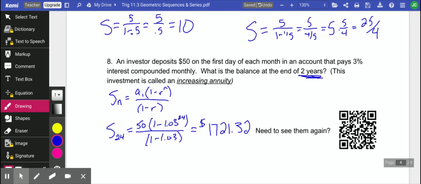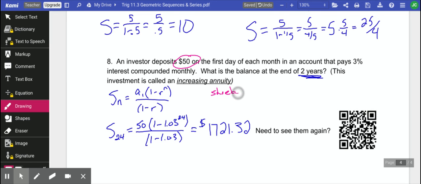$1,721.32. Now, what I want you to think about is if you had just taken this $50 every month and put it in a shoebox under your bed. If you do the shoebox method of saving money, you're only doing it for 2 years.